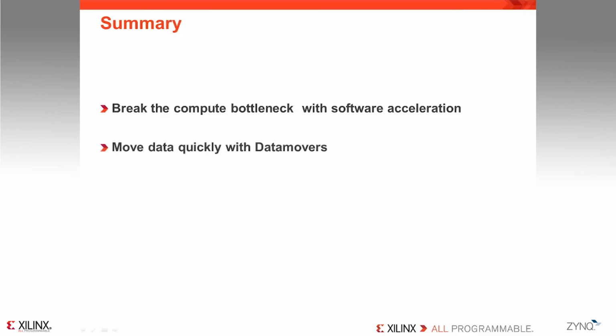The capability of implementing application-specific data movers in the programmable logic capable of moving data quickly within the programmable logic, between the programmable logic and the processing system, and between the programmable logic and memory. And finally, with such a system, one can obtain low latency access to real-time data via data movers and direct access between the processing system and programmable logic via Xilinx DMA engines.